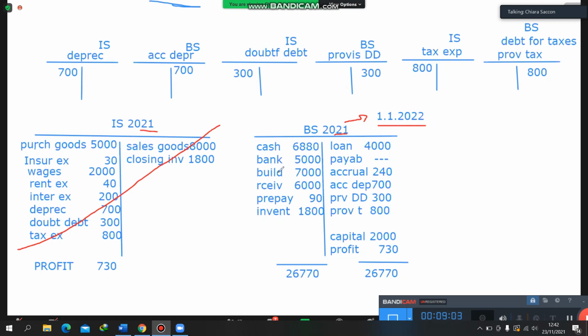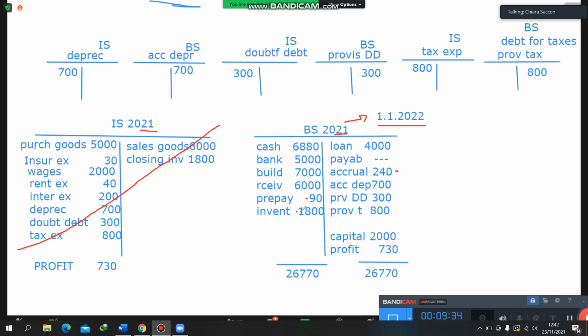So all these accounts move to the next period. Something connects the two periods because there were some expenses and revenues to be recorded, integrated, moved on, postponed, rectified, and so on. So inside we have some elements like prepayment and accrual that we have to consider next year.